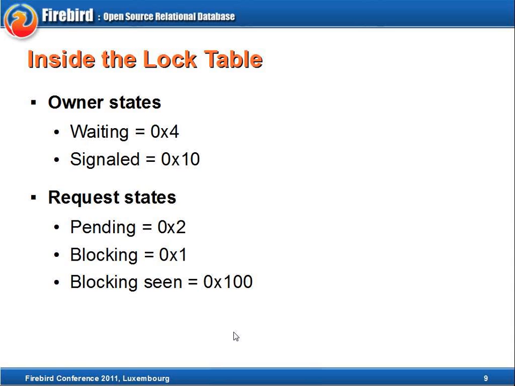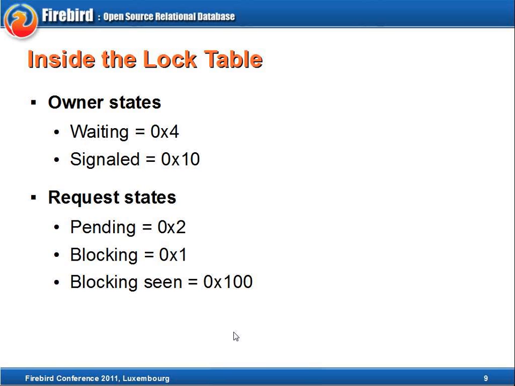A few words about the state of different objects. I will talk about that later. This is just for your information. The states are actually not really states. It's some bits in the flag for these objects.